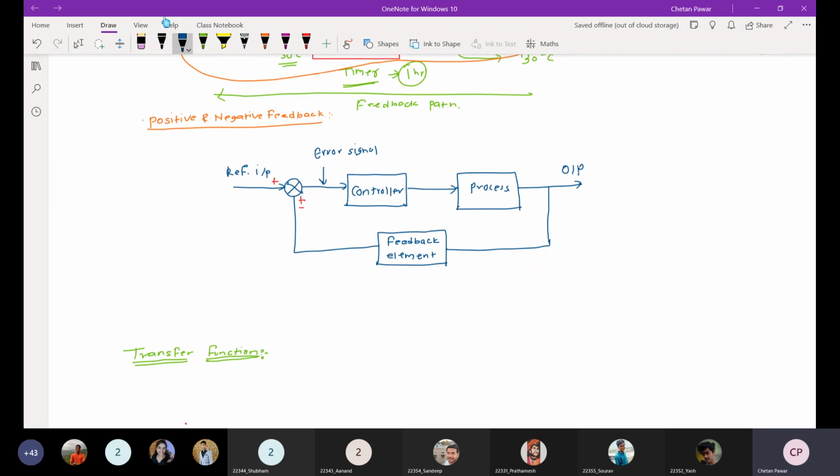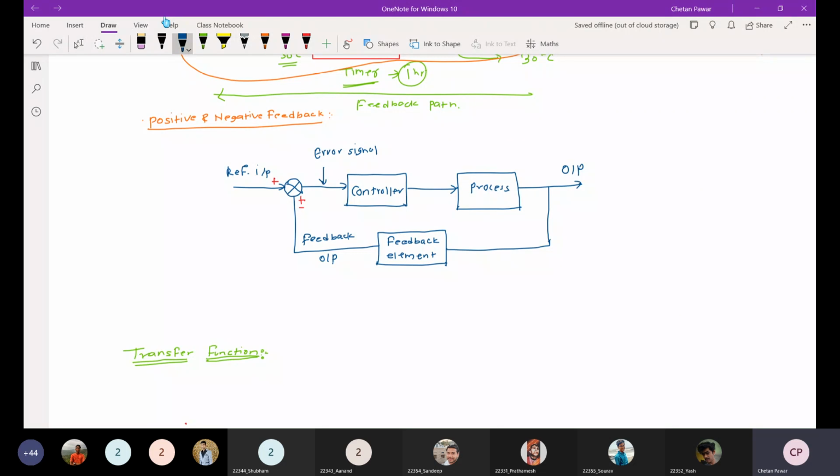So this is a feedback output. When you subtract the feedback output from the reference input, at that time that feedback is called a negative feedback.